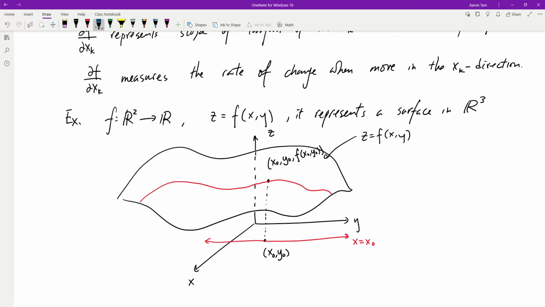Similarly, if I draw a line that goes front to back, this line would be y equals y sub 0, and that forms a curve that goes front to back on our surface. Remember, these two are called coordinate curves. The one with a fixed x value is called a y coordinate curve, and the one going front to back in the x direction is called the x coordinate curve.